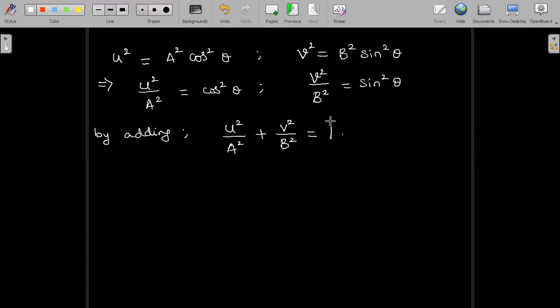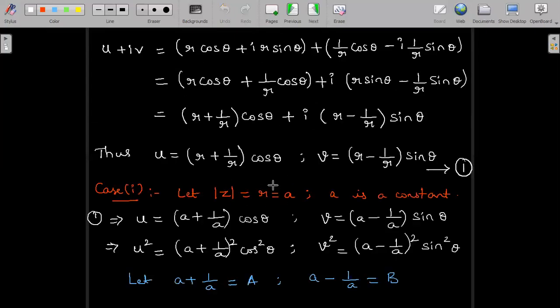So what did we observe? We started with mod z is equal to r equal to a. Mod z is equal to a represents a circle equation, no?